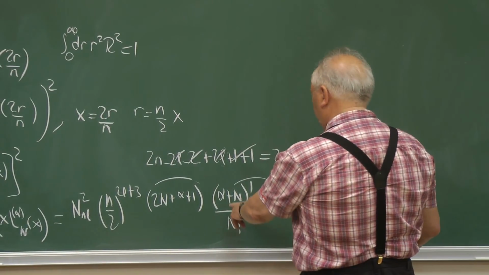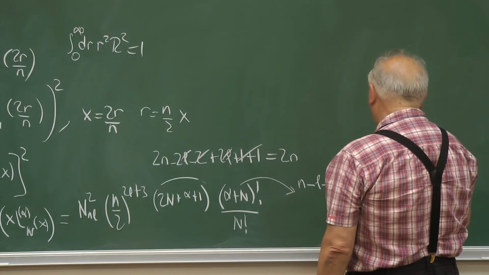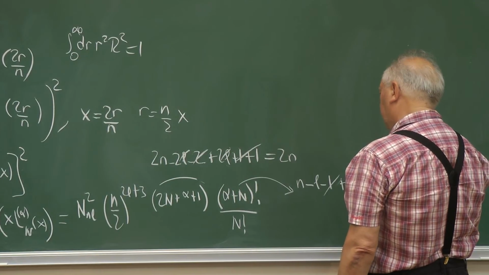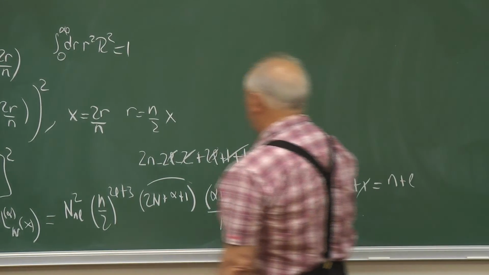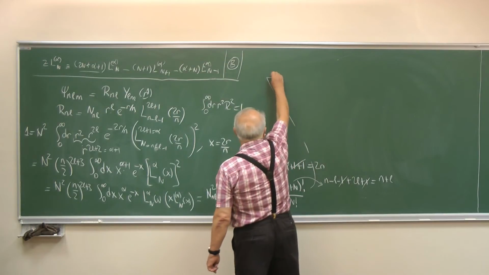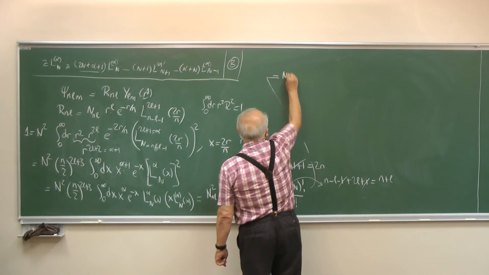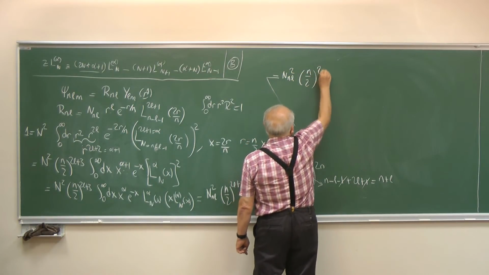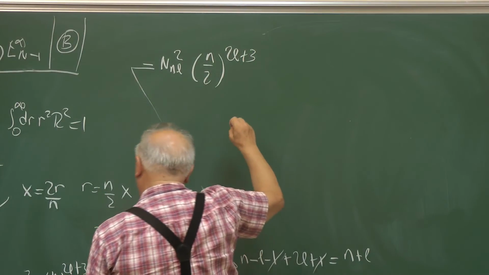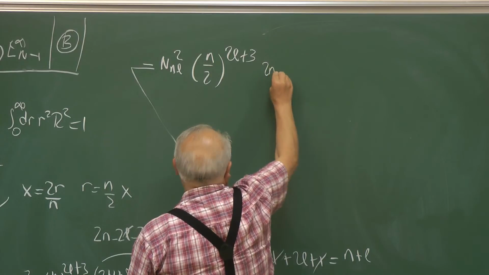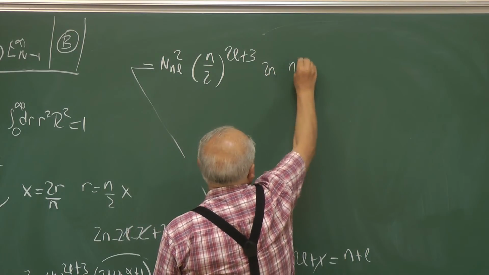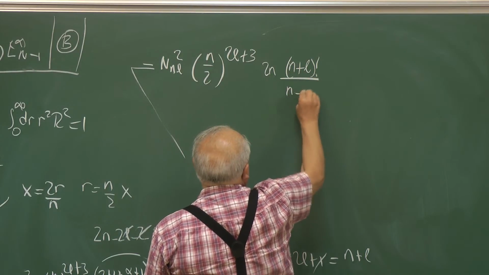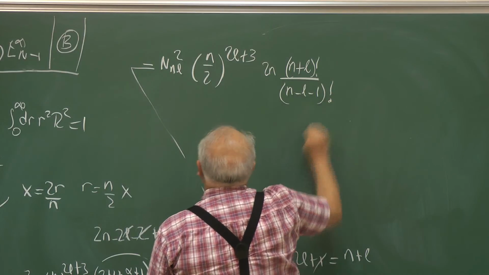That is equal to n, the ones cancel, plus l. All right, so this is equal to N_nl squared, n over 2 to the 2l plus 3, 2n, and (n plus l) factorial divided by (n minus l minus 1) factorial.